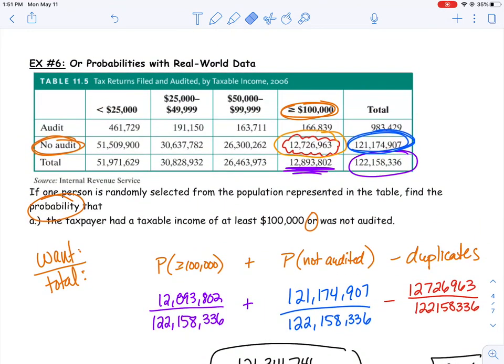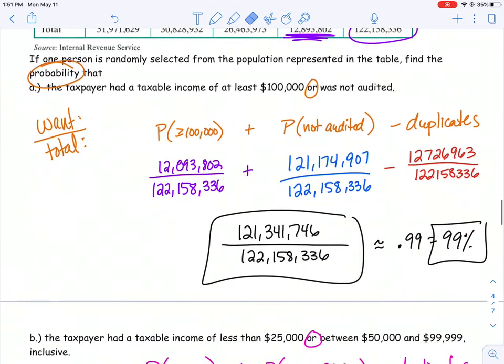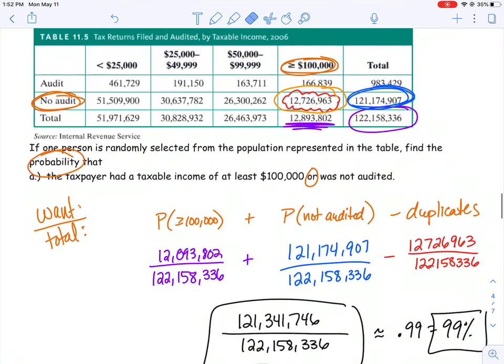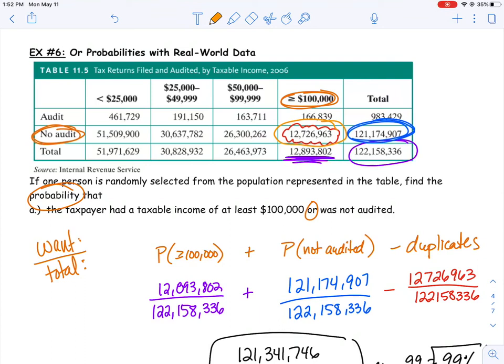The amount of people that made between 50 and 100 looks like it was the 26,463,973 out of the total. Now be careful. Go back and look for any duplicates. Here's the column that made less than 25,000. Here's the column that made between 50 and 100.